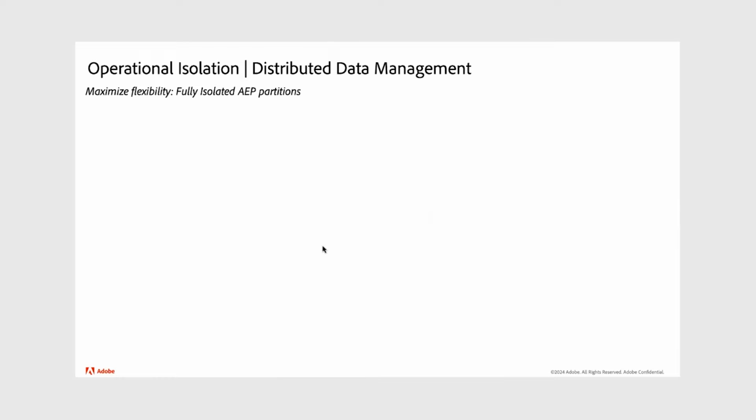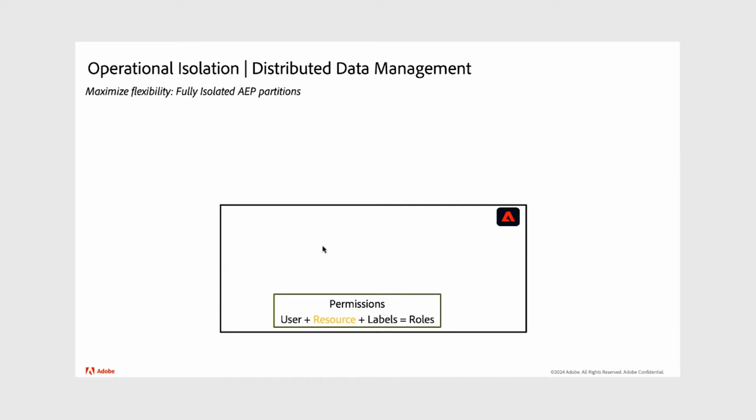Of course, if you want to provide an additional layer of isolation for your data, you would need to build multiple partitions. And still, here we are going to leverage the platform permission model to create specific roles that will give access to a subset of your users to only one partition.